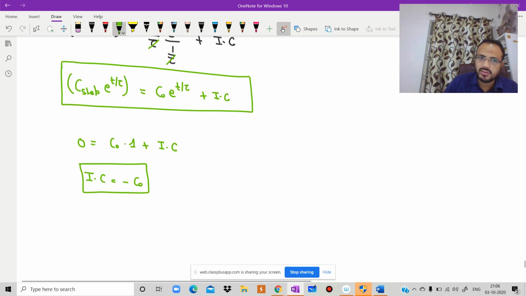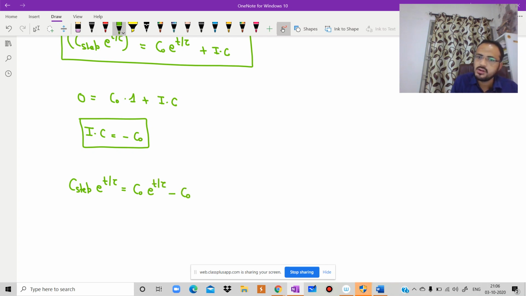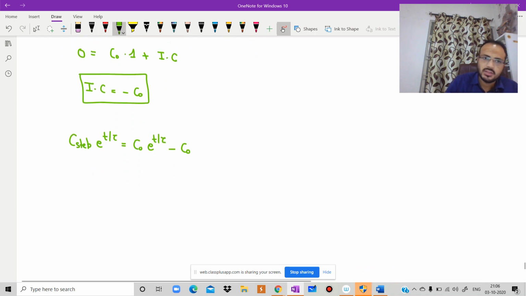Now put this value in the above equation. Then you will get C step e to the power t by tau equals C naught into e to the power t by tau minus C naught. Yes or no? Divide both sides by e to the power t by tau.